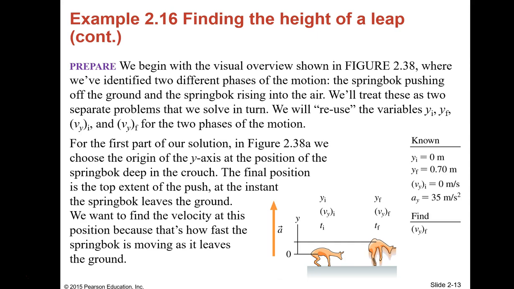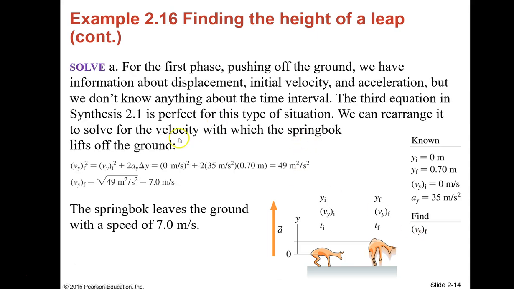So let's look at this one. For the first problem, we know its initial position is 0. We know its initial speed is 0. We know its acceleration is 35 meters per second squared. And because the legs get fully extended 0.7 meters off the ground, we need to solve for v_f. We're going to use this equation right here, because we know v_i is 0, we know a, and we know delta y.